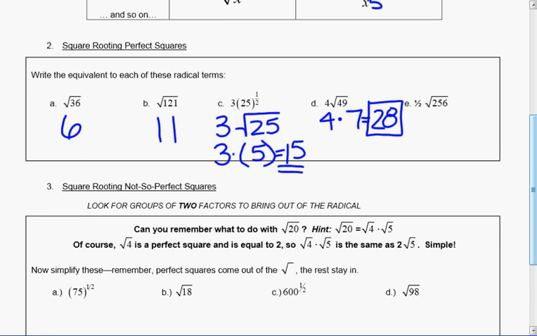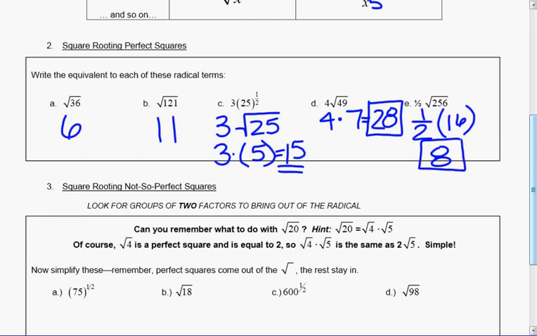There's just a half in front being multiplied to the square root of 256. Now, the square root of 256 is a large number. All you have to do is plug it in your calculator. You should get the number 16. So what I'm going to do is rewrite what I have in the front, which is the 1/2, and times it to 16. What is 1/2 of 16? Perfect. You get the number 8.